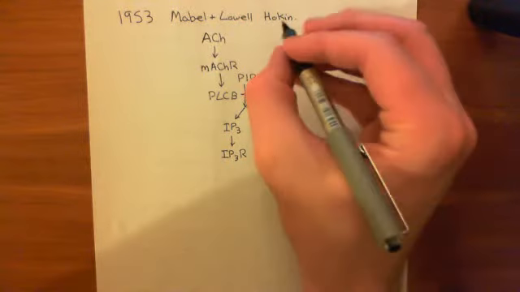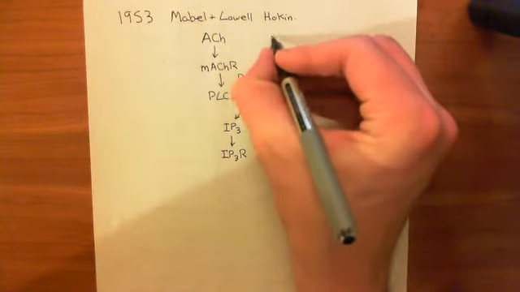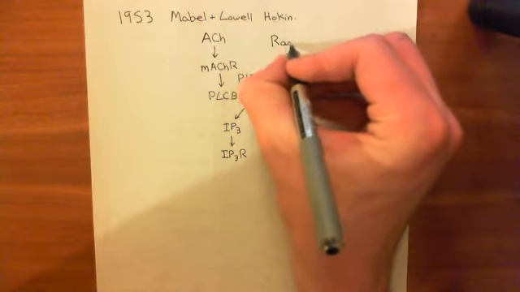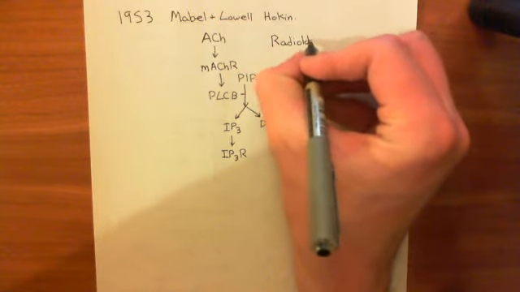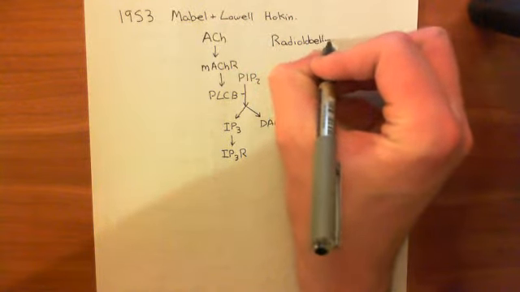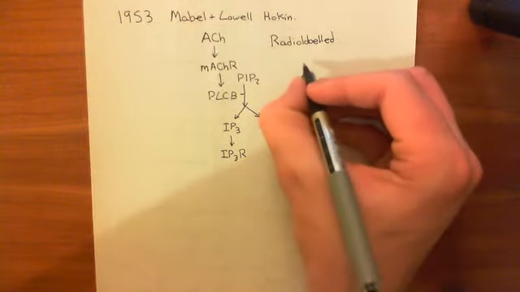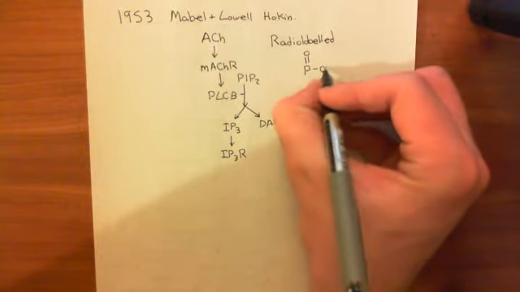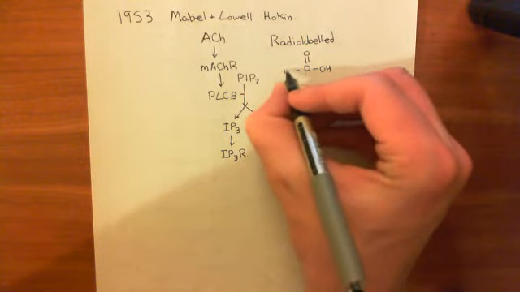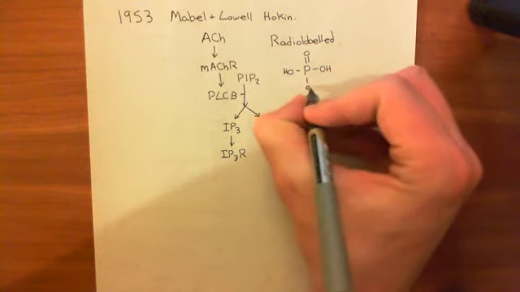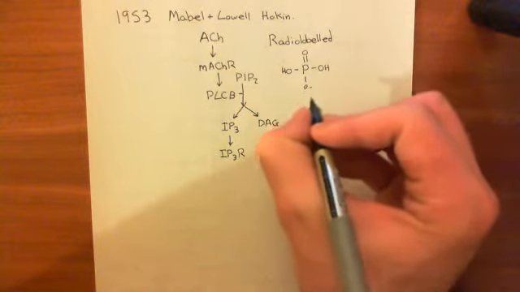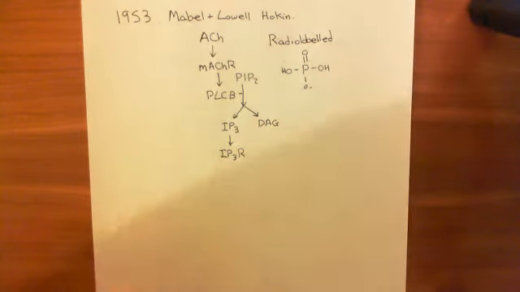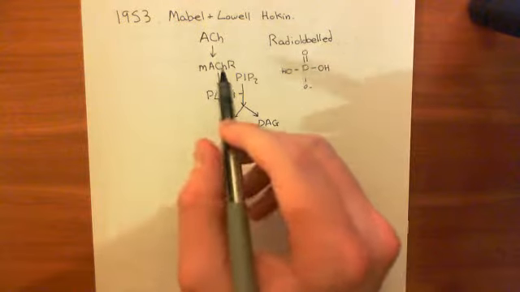that if you put radio-labeled phosphate groups into your cell, which just means that you take the phosphate group, so this is the phosphate group here, and you put radio-labeled phosphate groups into your cell, and you then stimulate it with acetylcholine to stimulate the muscarinic acetylcholine receptors.